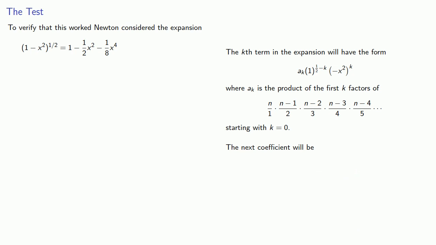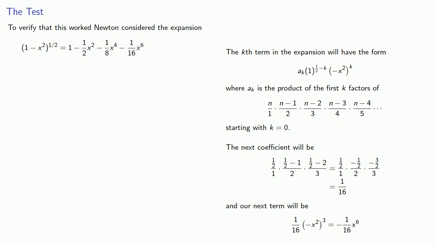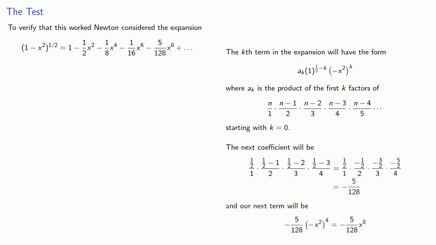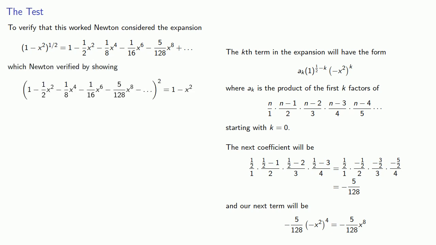The third coefficient will be the product of the first three factors, and so our next term will be... the next coefficient will be the product of the first four factors, which gives us... and so on.